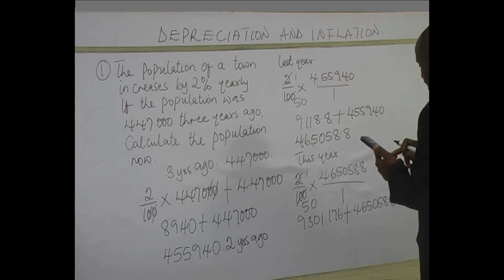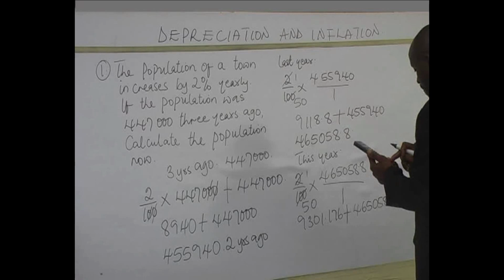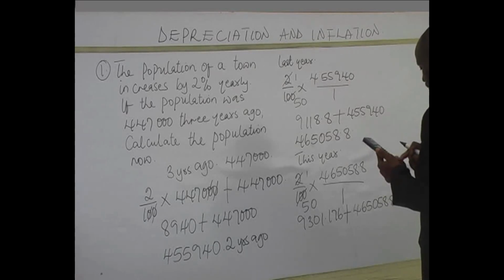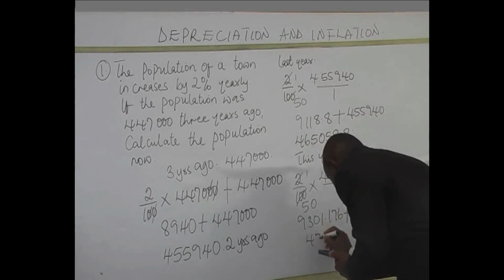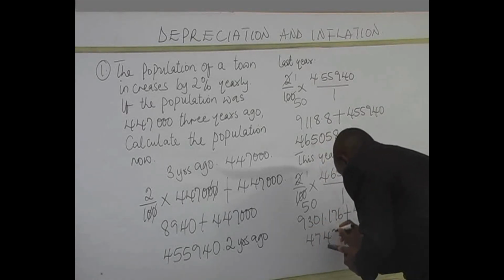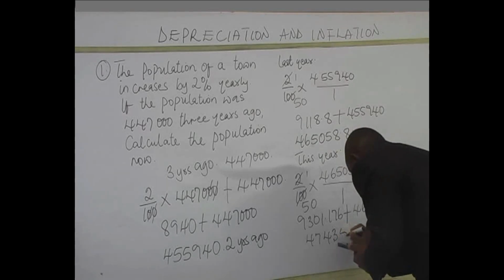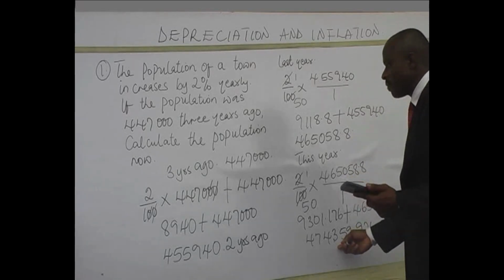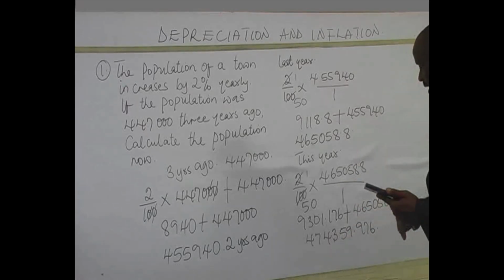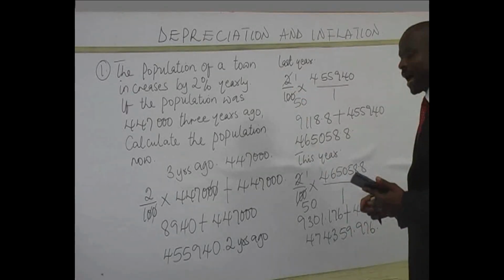If you add it, whatever it gives you is the population for this year. It's now giving us 474,359.976. So this is the population of that town this year, and that is what the question has asked us for.